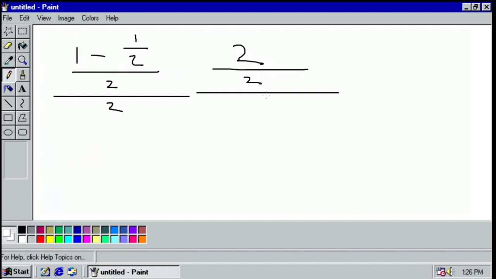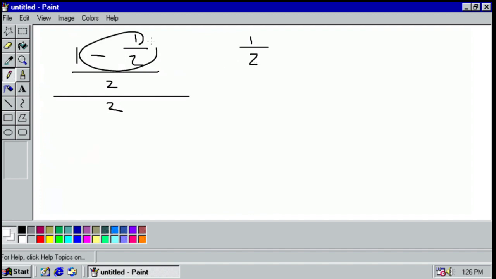Oh, I forgot, it's not 2 over 2, it's 1 half, by the way. So 1 over 1 half is 2 over 2.